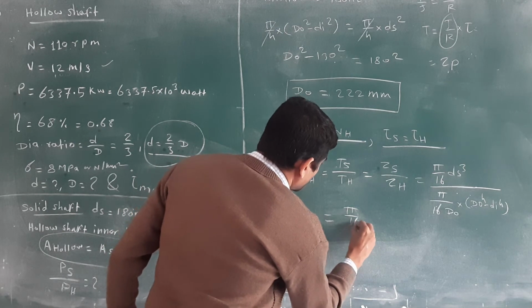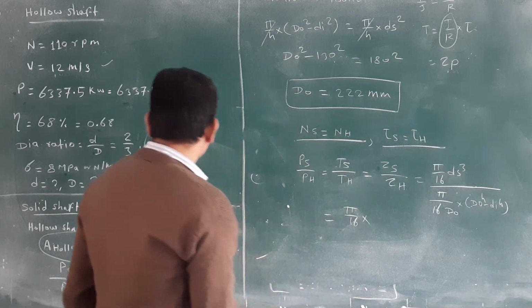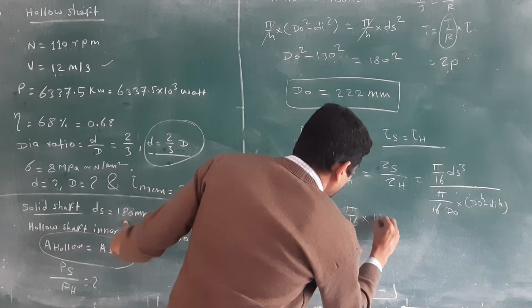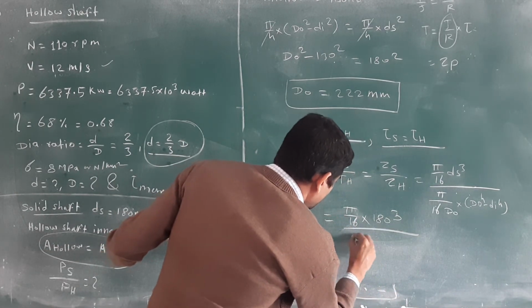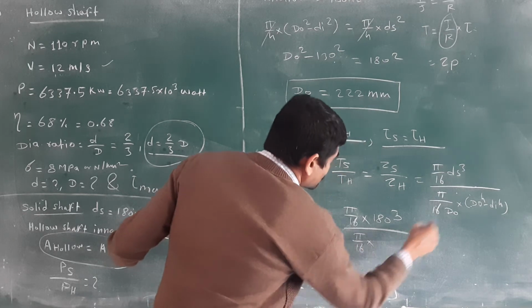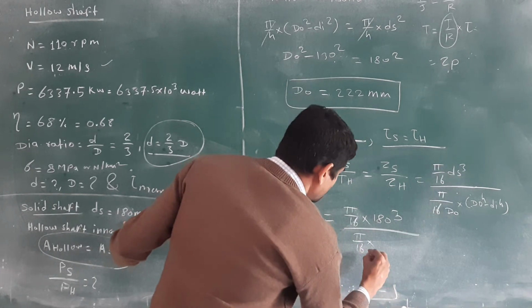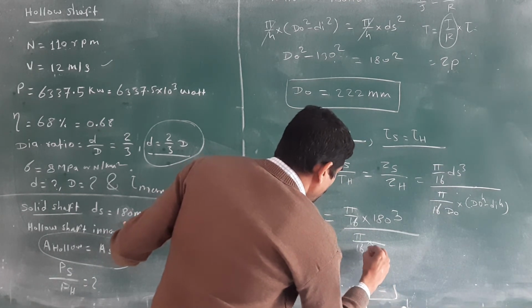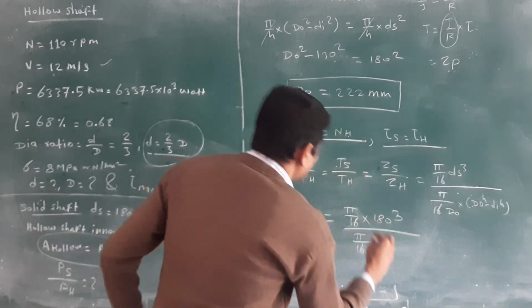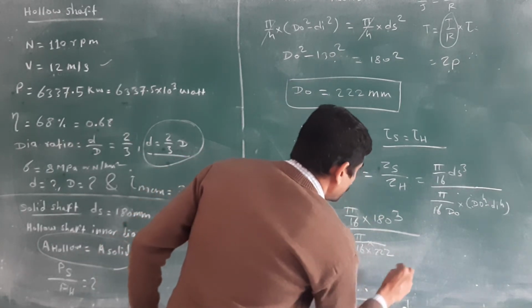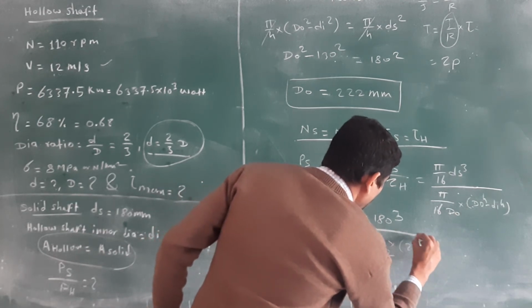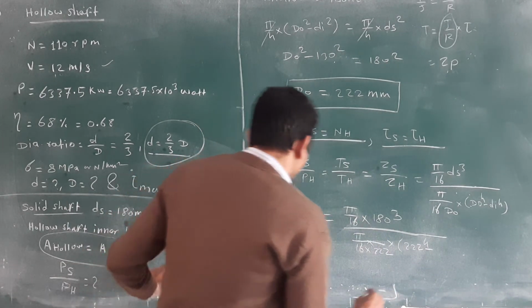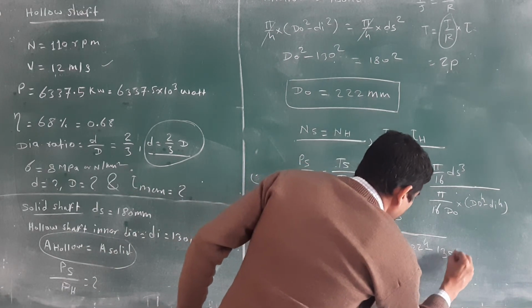Put the values in that equation. Pi by 16 into 180 cube, divided by pi by 16. Pi by 16 you can cancel. What is the value of DO we have calculated? 222 into 222 raised to 4 minus 120 raised to 4.